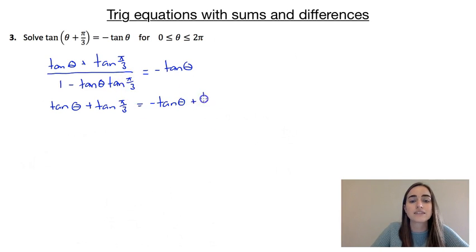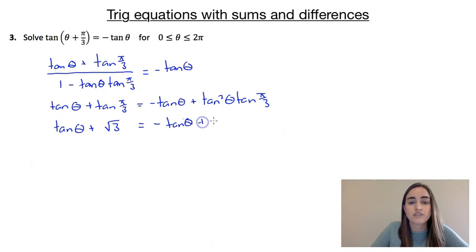So I'm going to have plus tan squared theta tan pi on 3. Now tan pi on 3, we know what that is. That's tan of 60, and that's going to give us the square root of 3. So this is going to become tan theta plus root 3 equals minus tan theta plus root 3 tan squared theta.